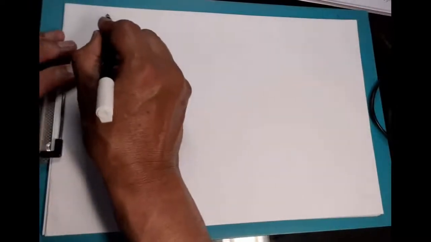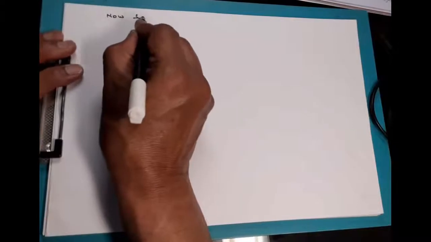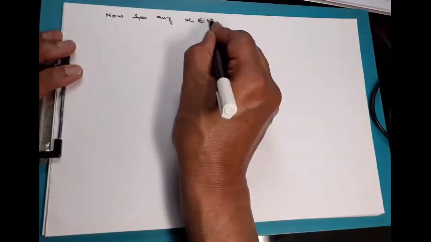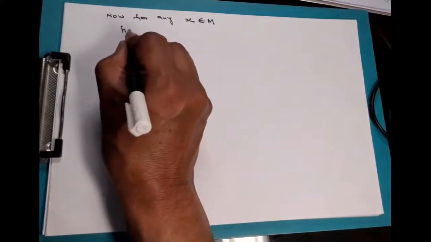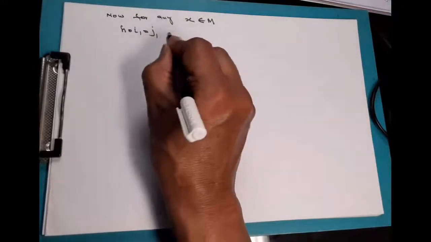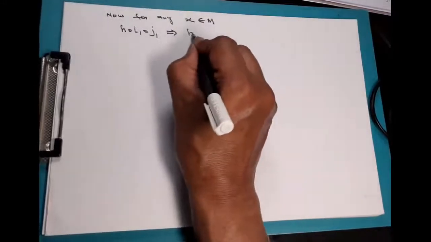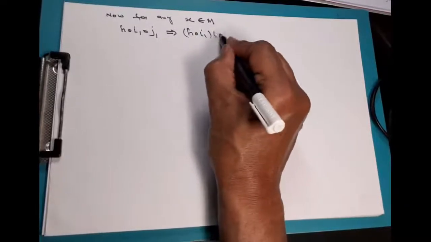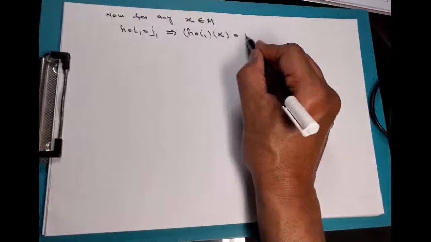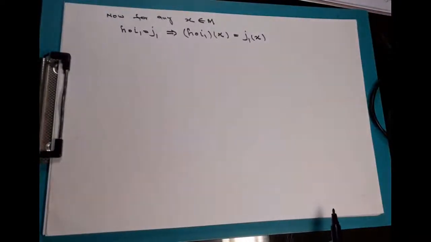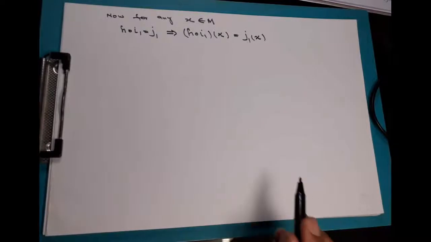Now for any x belonging to the left module M, H composed with I1 is equal to J1, which means that the effect of H circle I1 on x is equal to the effect of J1 on x, because these two maps are the same, so their effect on x will be the same.